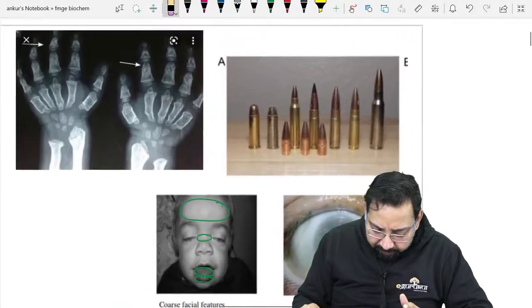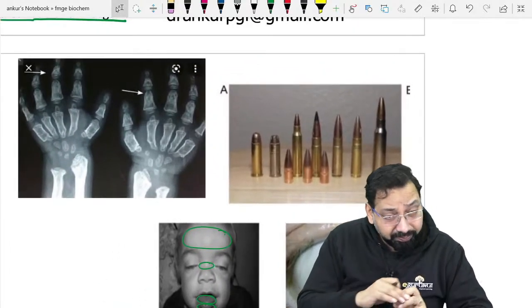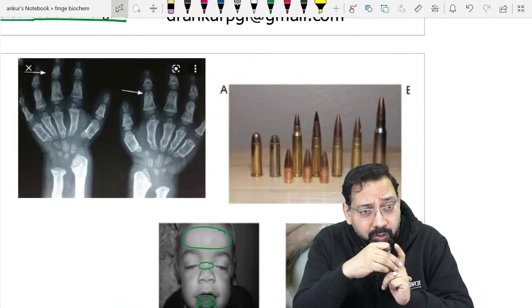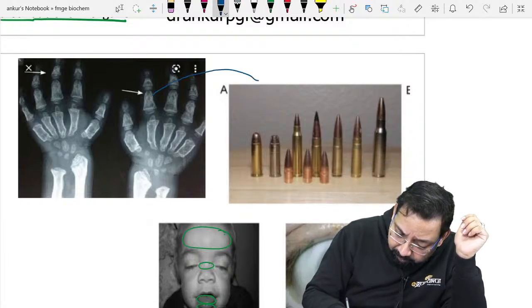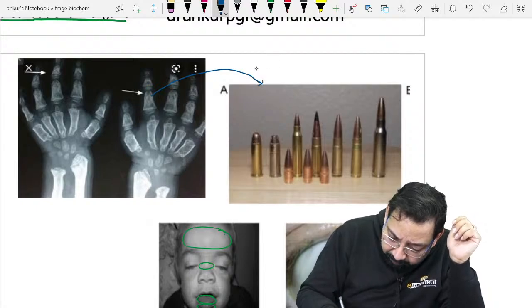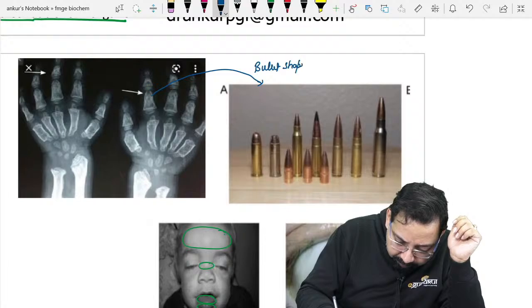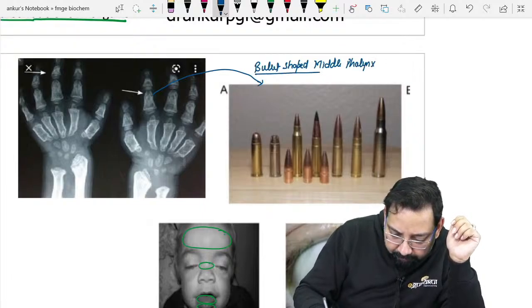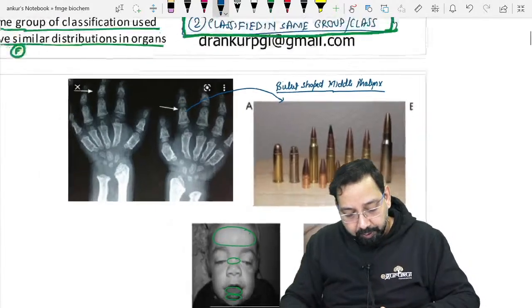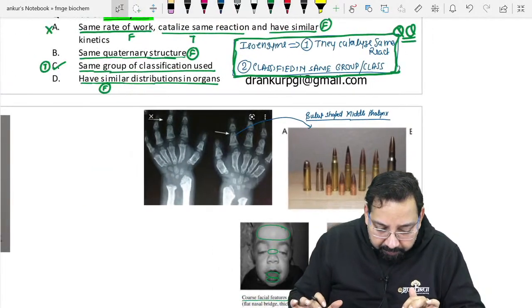Other than that, it will deposit in bones also, and the bone will be bullet shaped: bullet shaped middle phalanx. This is the bullet shaped middle phalanx.